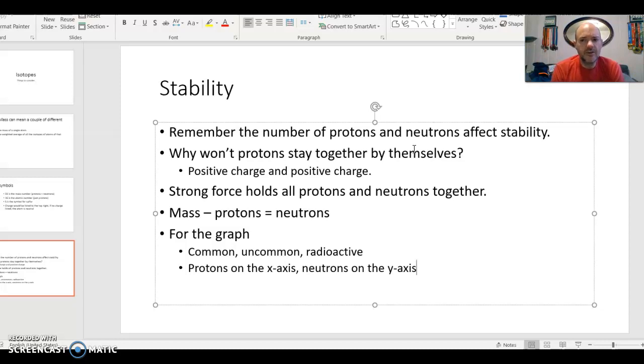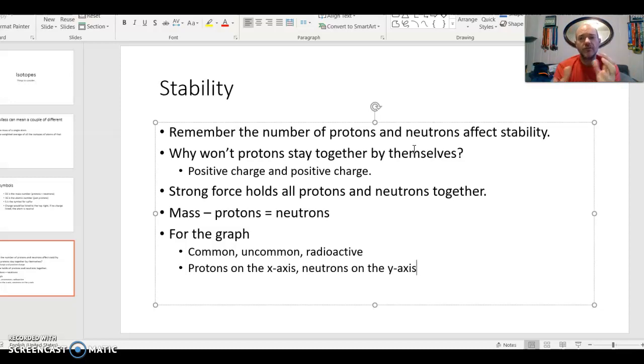Now, there is also a force called the strong force that will hold them together, and you could maybe get 2 protons to do this for a little bit. But really you have to have neutrons in there as well. The neutrons add more strong force to hold these protons and neutrons together, and the protons will try to push away from each other, but they won't push apart from the neutrons because the neutrons have a neutral charge.